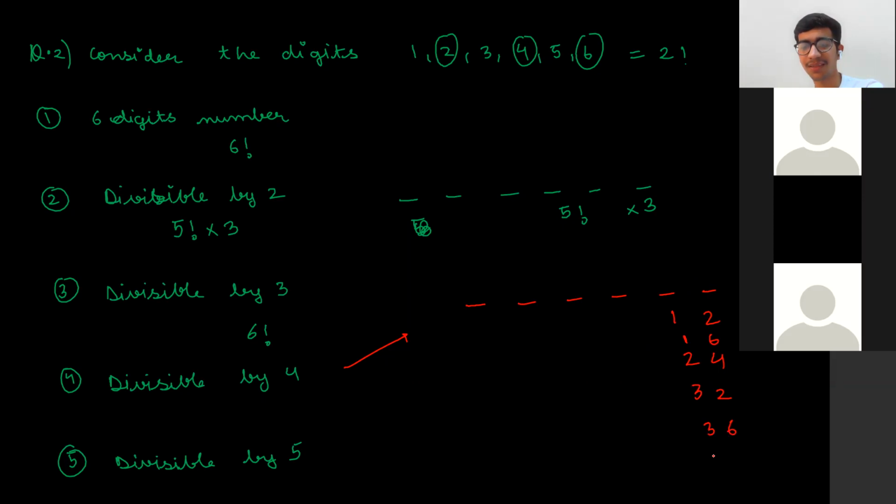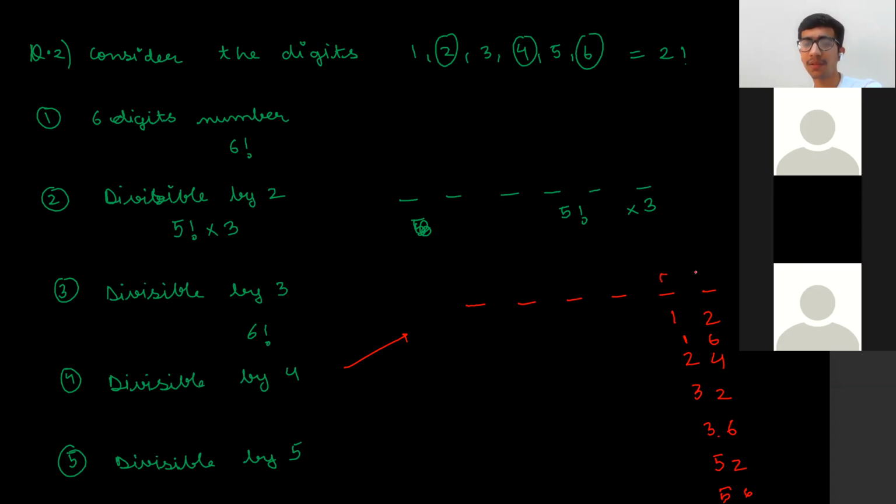52. Okay. 56 and 64. ठीक है, तो ये सारे cases हैं जो last digits पे आ सकते हैं. So these are 1, 2, 3, 4, 5, 6, 7, 8.